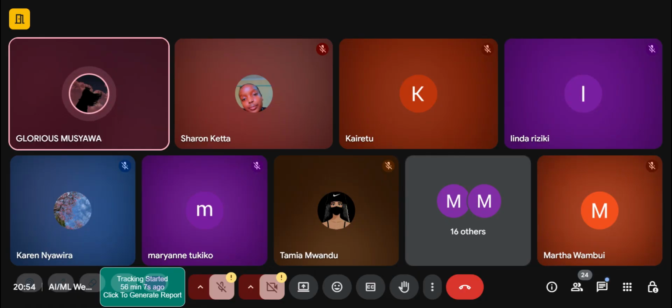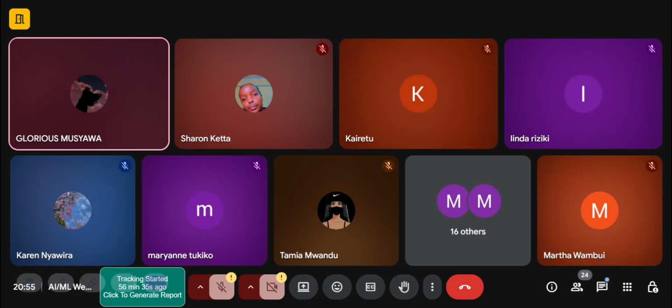Faith Chepngeno, Sharon Keta, Lavenda, I think that's one group. Then we have Karen Nyawira, Linda Riziki, and Imani. That's another group. Then Audrey will go to the first group, and Marianne will remain in the second group. So group one: Faith Chepngeno, Sharon Keta, Lavenda Doris, and Audrey.